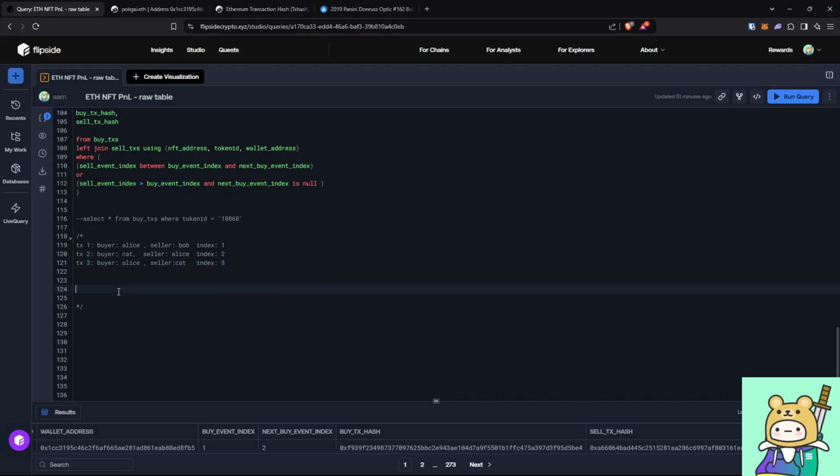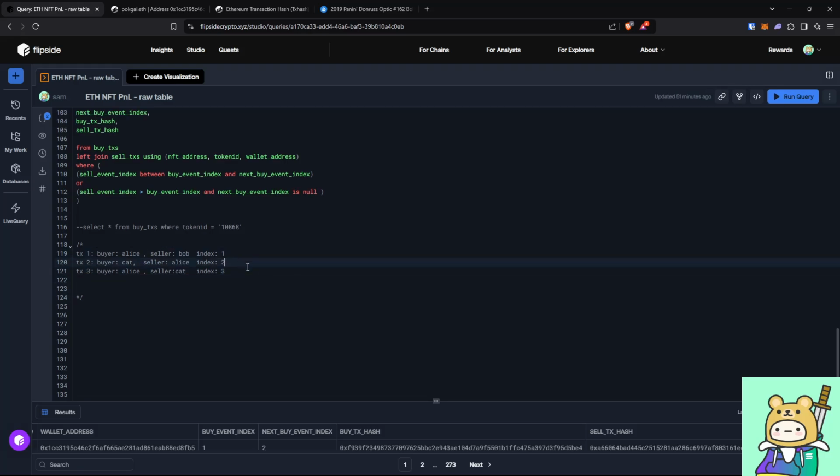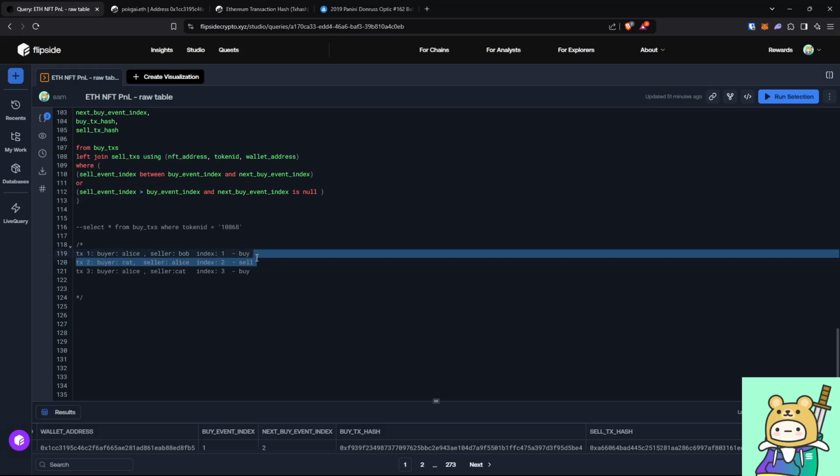Right, so that's how it looks, right? Index 1, 2, 3, and this is a buy. In the context of Alice as a wallet, this is a buy, this is a sell, and this is again a buy. So what we're trying to do is join the buy with the sell, but because there can be multiple buys, we only want to join this particular sell with the buy prior to the sell.